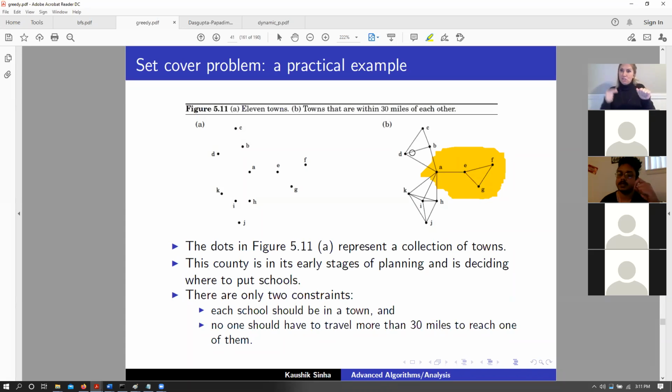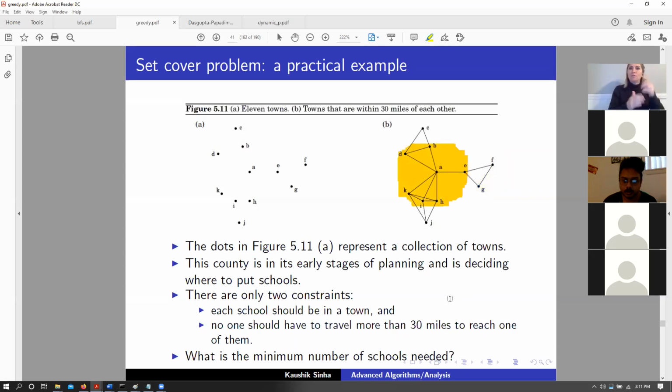Then you would have to place schools other ways here such that it covers all vertices altogether. You can also imagine this thing to be cell phone towers, right? So place as few cell phone towers as possible that can increase your coverage, but also reduce your total cost, right?